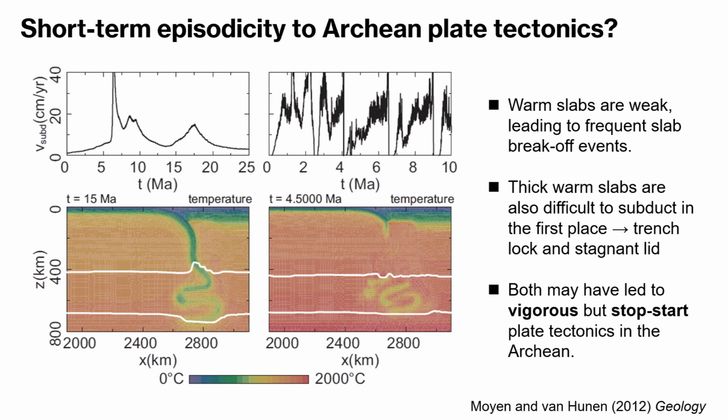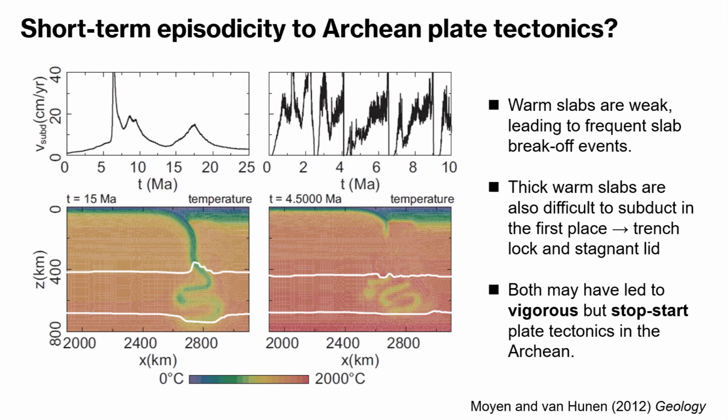And this Moyen and Van Hoonen paper, when they studied what would happen if the plates were a bit warmer than they are today, what they found was that the plates were much weaker and they basically broke much sooner. So we couldn't subduct the plate all the way down into the mantle. Instead, it breaks off.